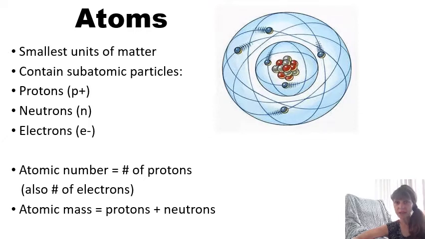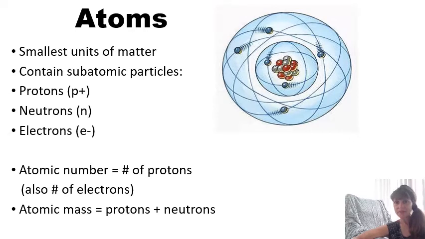When we look at atoms of different elements, you'll notice the atomic number is equal to the number of protons. The number of protons is also equal to the number of electrons. The atomic mass is defined as the number of protons plus neutrons.